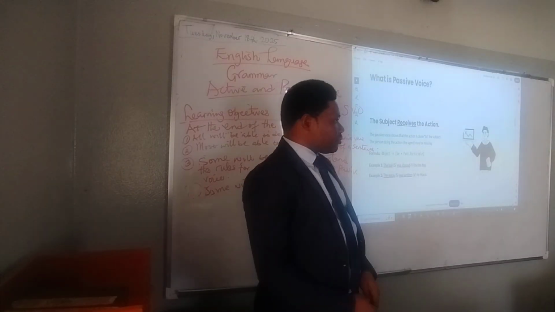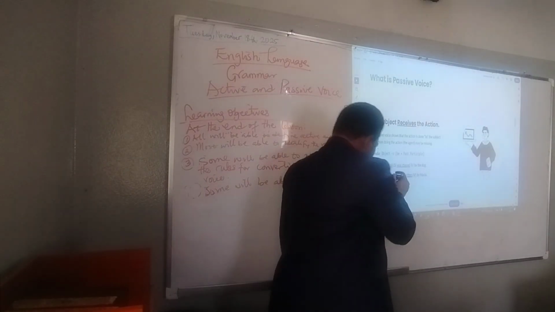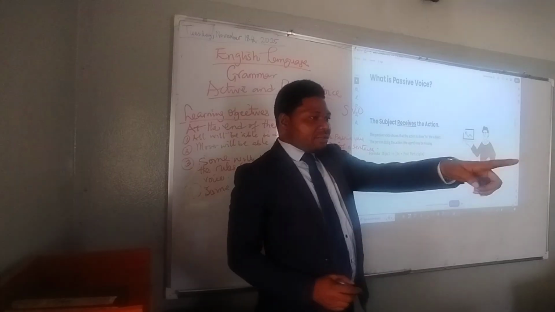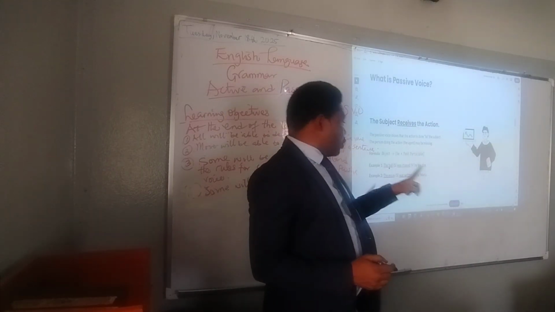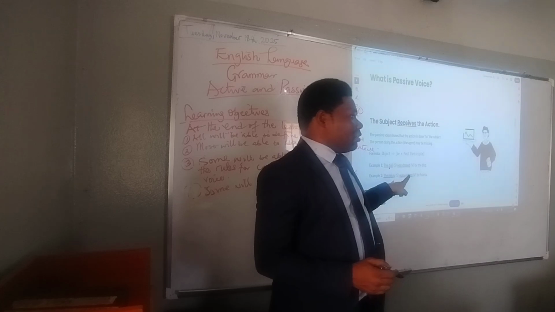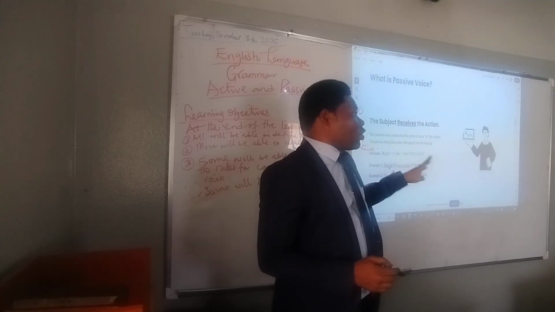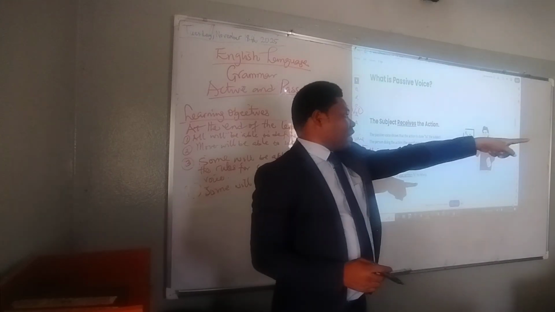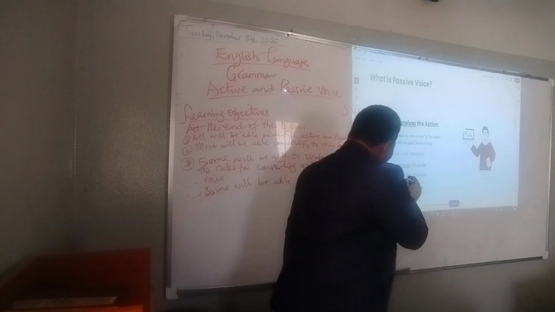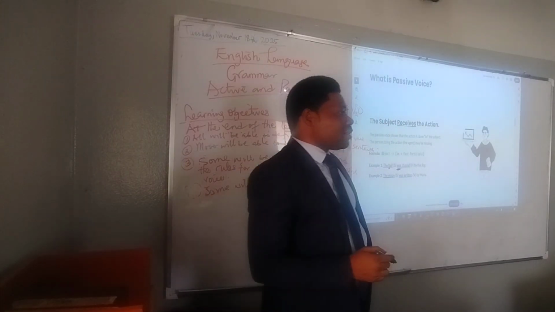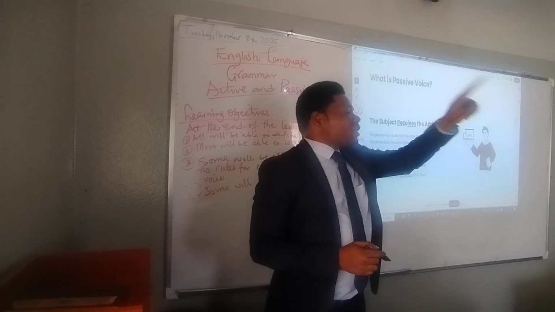Yes, Pamela? The sentence is starting with the object. Thank you. That's one. Any other one? It's in past tense. Thank you. Any other points? Look at the sentence. Find something new that was not in the previous active voice sentence. Yes? An extra word. What is the word? Was. Thank you. What part of speech is was? Verb. What type of verb is it?